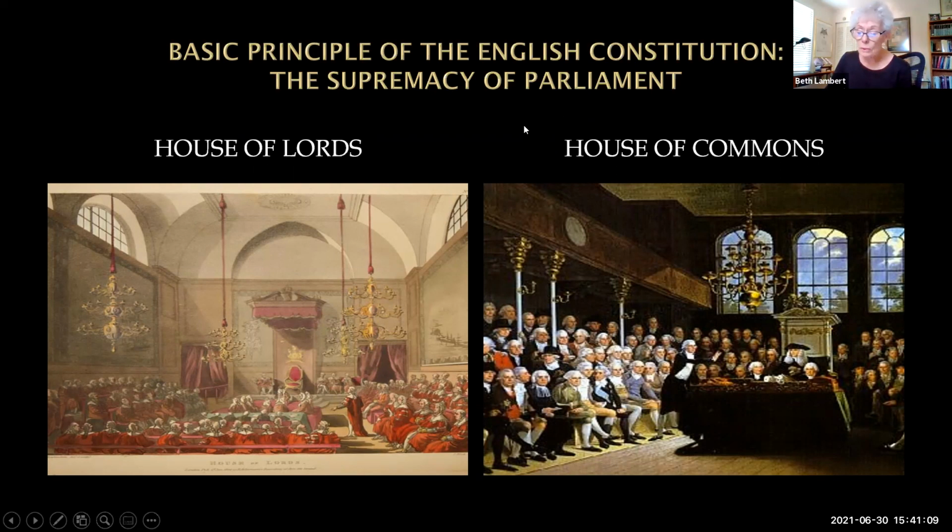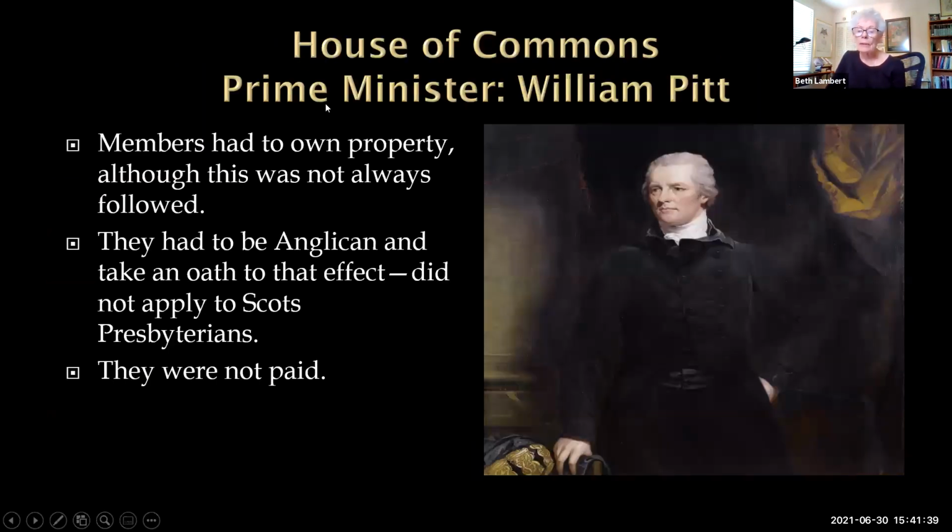If you know Bristol, Bristol was one of the biggest slave trading cities, where the ships came in from Africa, and then they went to England, but there was a lot of slavery going on in Bristol, and Burke lost Bristol because he didn't bother to go and campaign for himself. Anyhow, at the time of the American Revolution, William Pitt was the prime minister.